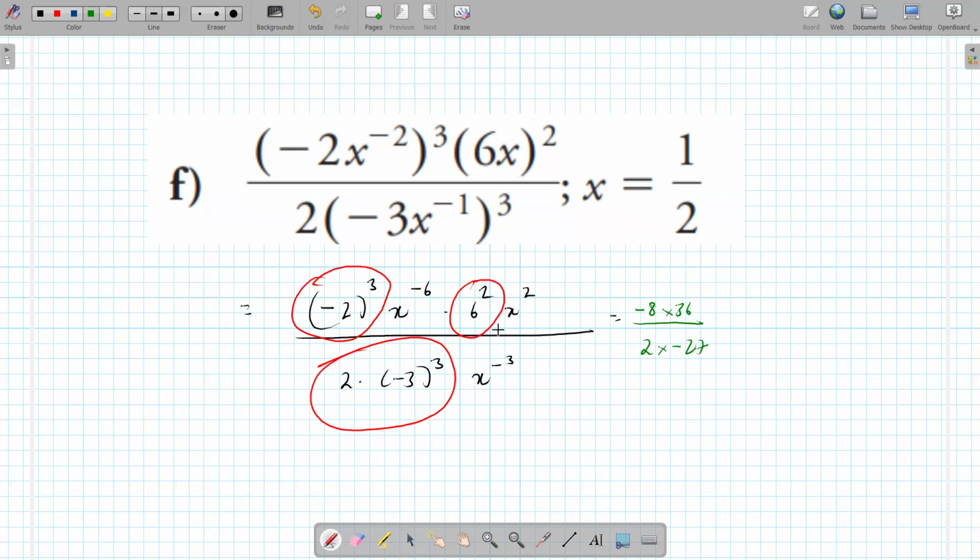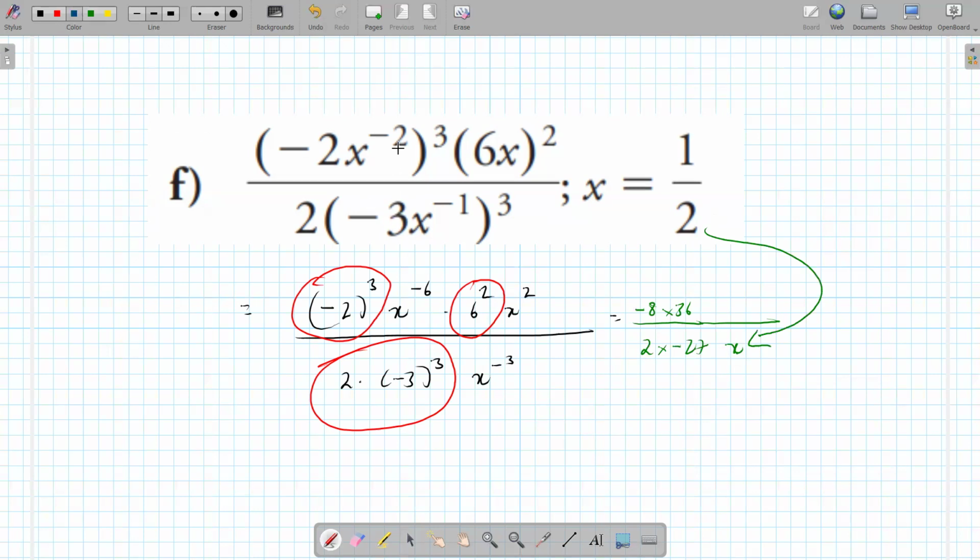For the x's, it becomes x to the negative 6 plus 2 plus 3. So the x will have a power of negative 1, which you can also throw in the denominator. So the final answer will be this entire thing in a calculator with an x left over in the denominator. And then you can replace this with 1/2 or 0.5.